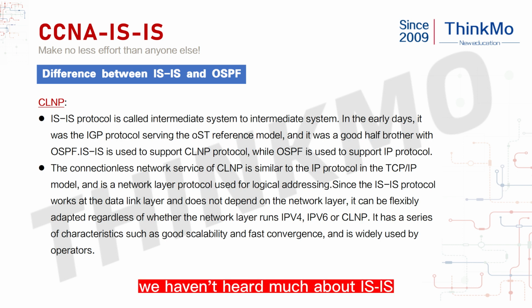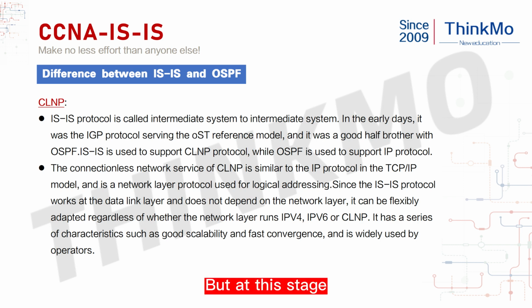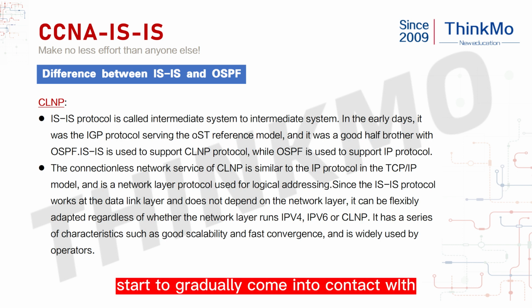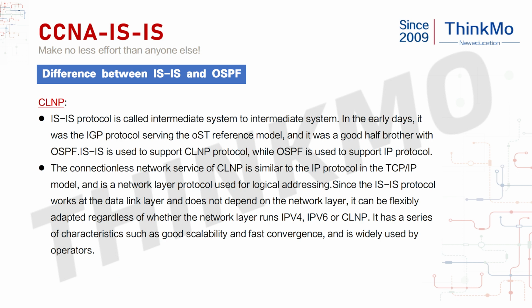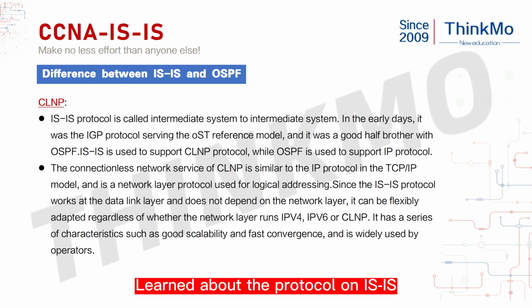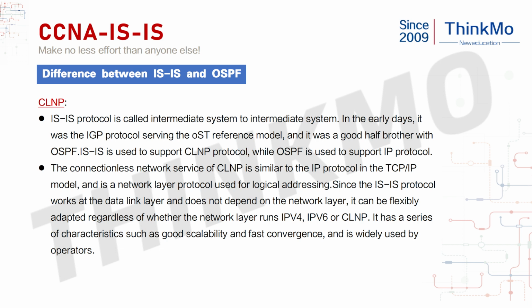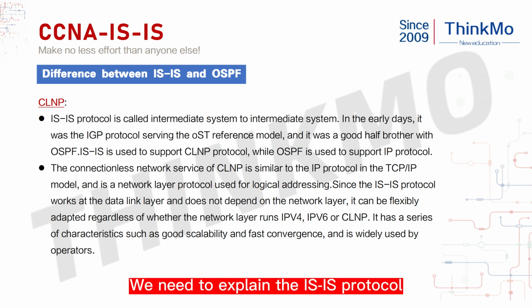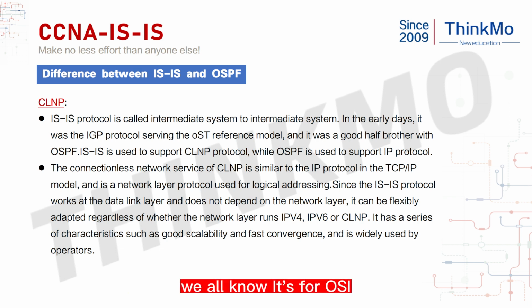So let's talk a little bit about ISIS. We haven't heard much about ISIS, but at this stage, especially Cisco, have slowly started to pay some attention to it, and in networks we are gradually coming into contact with the ISIS protocol. So why wasn't it popular in the early days? ISIS is for OSI's CLNP network layer protocol.